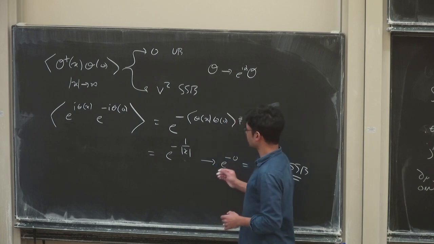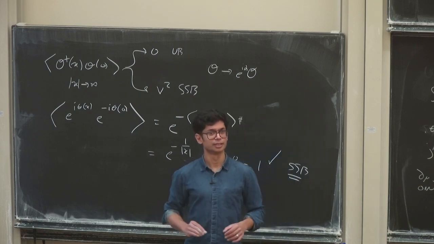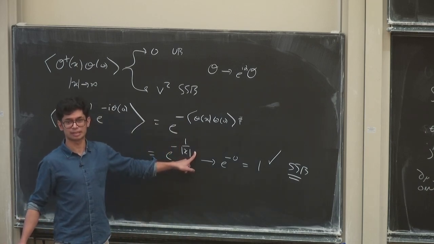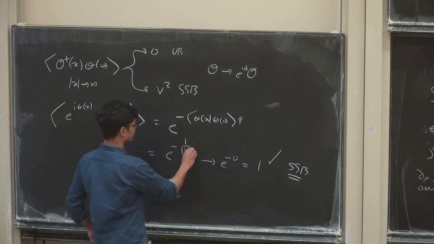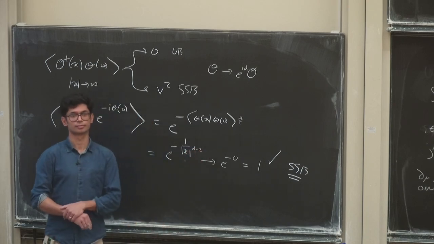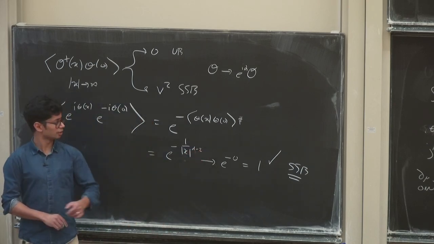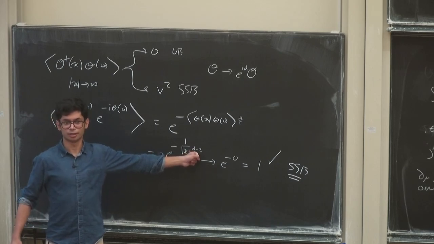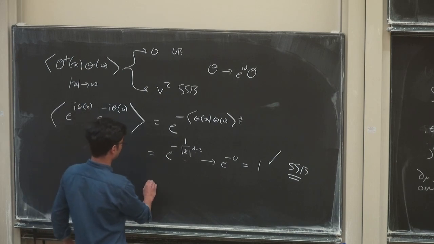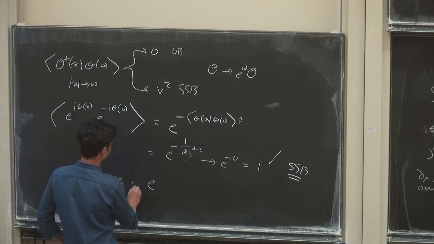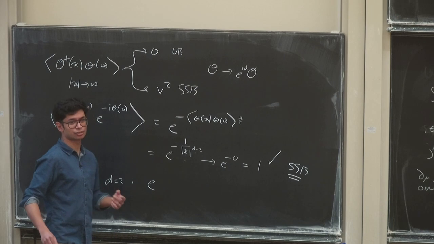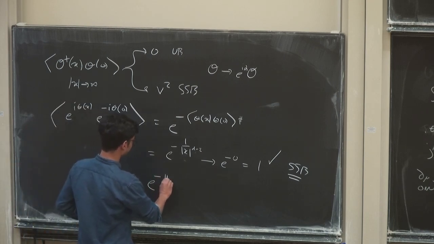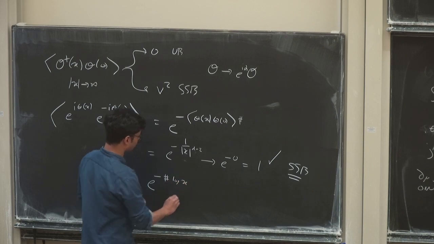Now let's just talk about where that comes from. If you notice here, this calculation I just did depends crucially on the number of dimensions. This number here is d minus 2. In particular, if we had taken d to be equal to 2, what would have happened here? In d equals 2, it looks like you're getting 1 over x to the 0. x to the 0 is always log, and what you actually find is that this goes like e to the minus some number times log x.